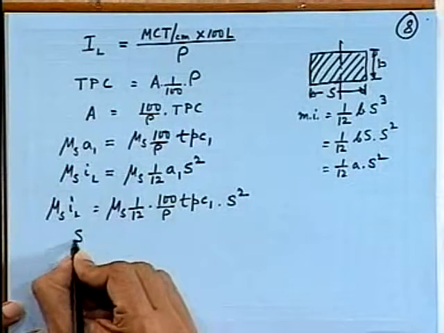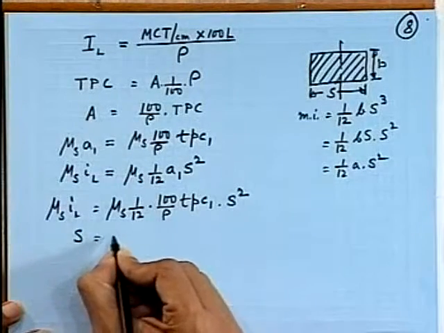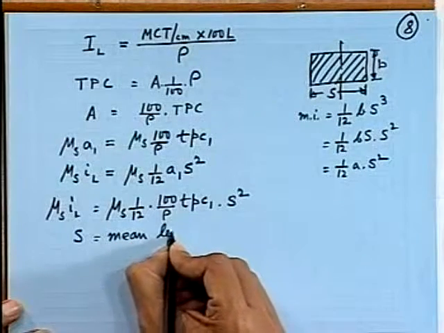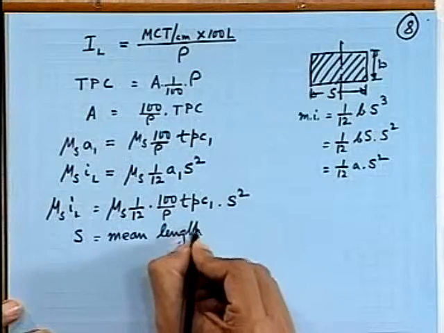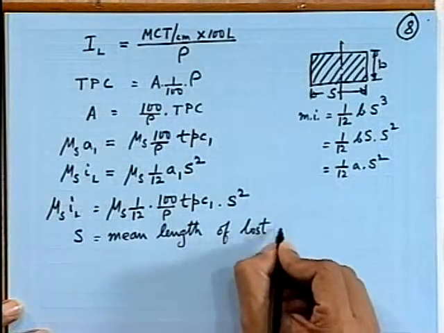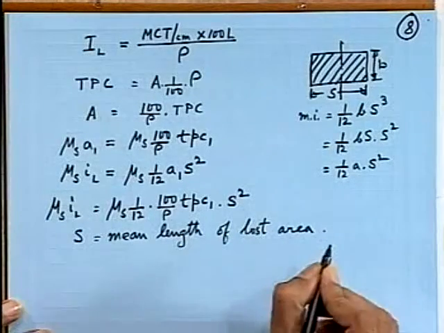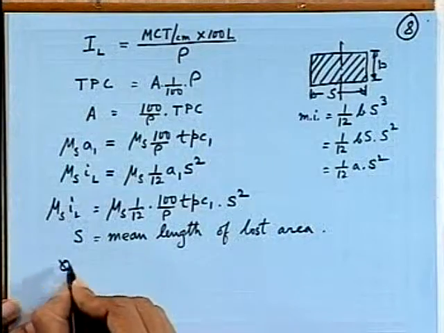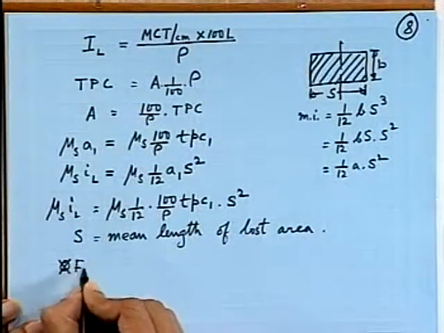S is defined as the mean length of lost area. So next we can calculate the midship F1 and we will substitute this and calculate IL1.